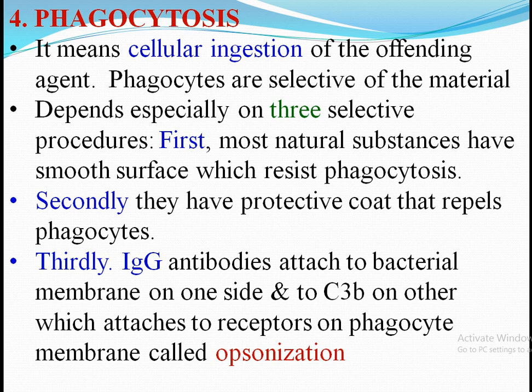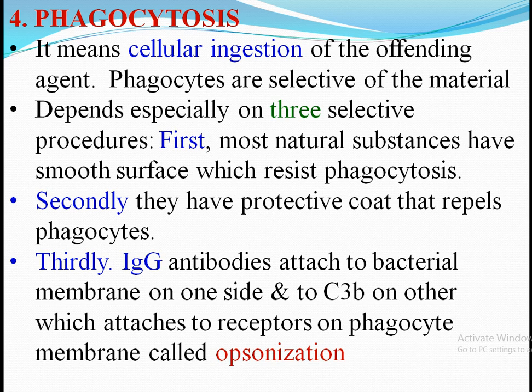So, if any agent or any infective site or any tissue has an irregular surface, it is an indication of injury. Secondly, they have the protective coat that repels phagocytosis. Normally we have the protective coat. If due to the disease process, due to the infective agents, this protective coat is damaged, obviously they are offering themselves to the process of phagocytosis.